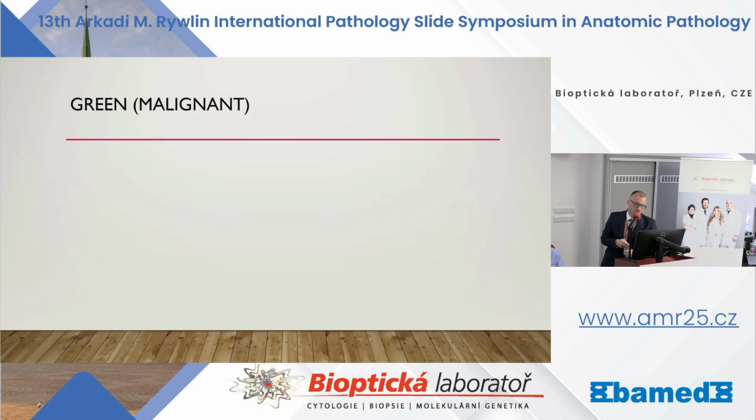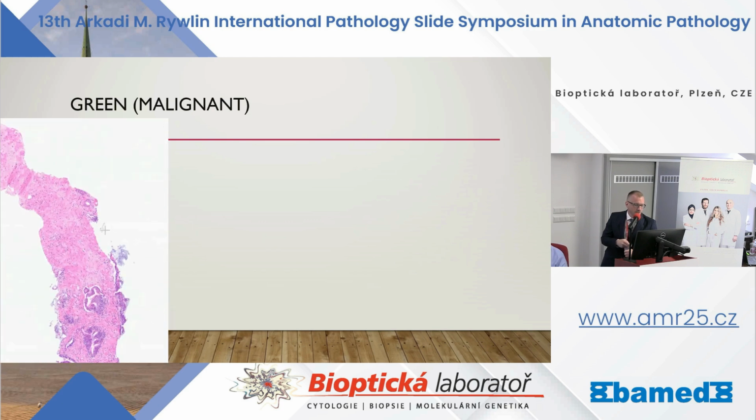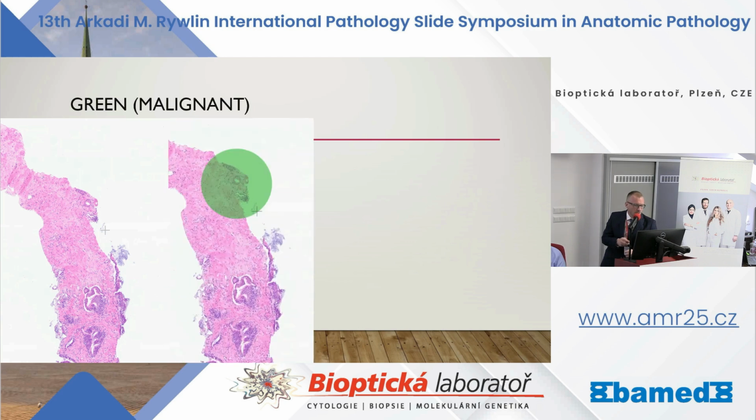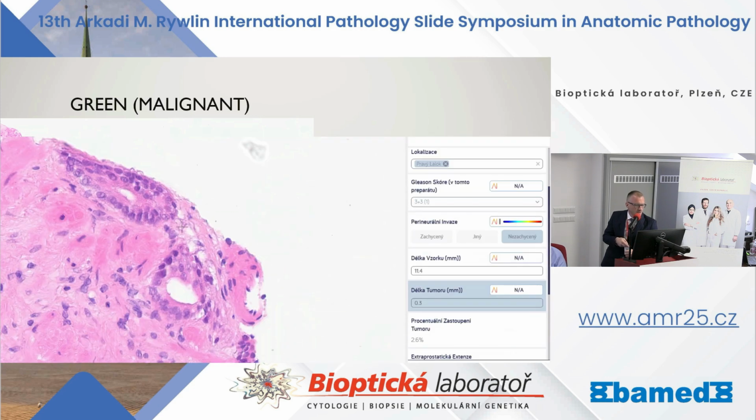You can get a malignant case in the green tier, and like that you get the slide and just one focus, let's say 1 millimeter in diameter, which is marked, so you can be almost sure that there is nothing in the other spaces. And when you look at the slide, you see just 2 malignant glands. We used immunohistochemistry for them just to be sure.